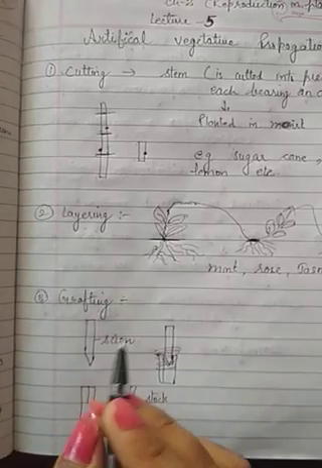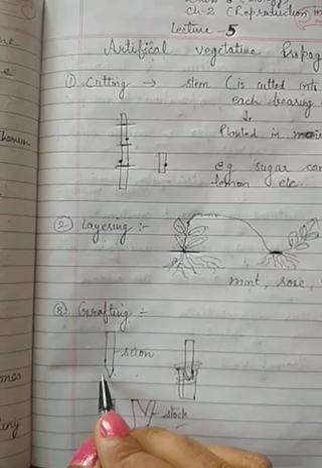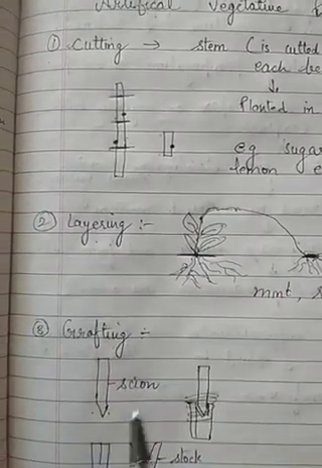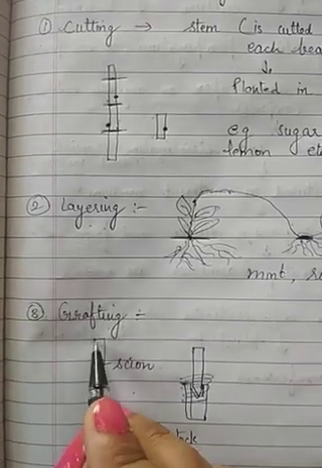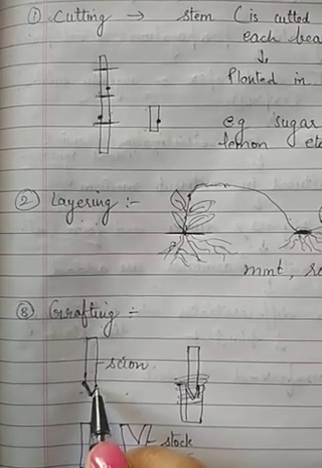Now in grafting, we take a small shoot or a bud of a desired variety of plant. You can see in that picture, we have made the lower part blunt.